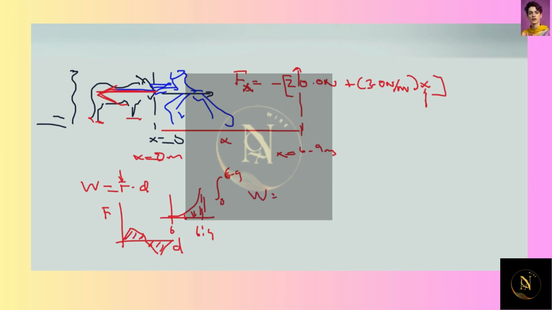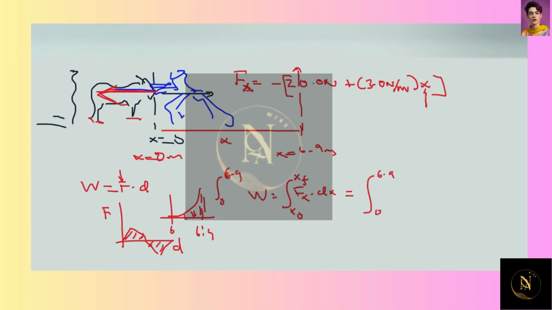So your work is the integral that involves a variable force times the infinitesimal displacement, from a position x naught up until a position which we're just going to call x final, for example. So we'll use the integral to solve for the work in this problem. Our initial point is 0 and our final point is 6.9.